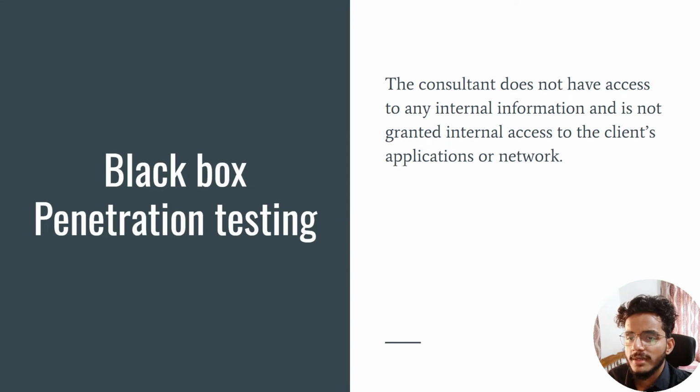In black box penetration testing, the consultant does not have access to any internal information and is not granted internal access to the client's applications or network. This would be an external viewpoint. The consultant would be an external party and would start testing your product from an external viewpoint.